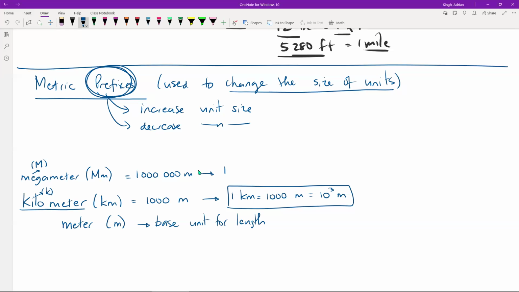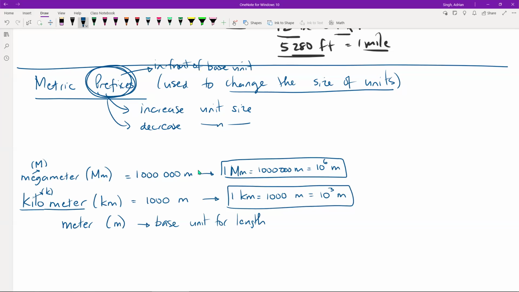So I can say 1 megameter equals a million meters, and that's the same, as you know now, as 10 to the 6 meters, right? So a megameter is a much bigger unit than a meter itself. Remember, these are prefixes, okay? That means that they go in front of the base unit.